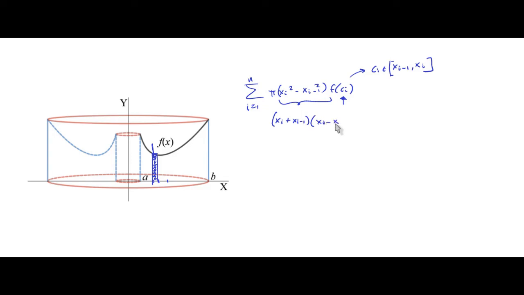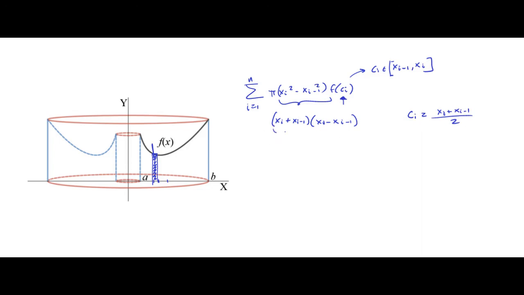Now, this formula is valid for any ci, because this is bounded by the maximum and minimum values in this interval, using any of this Riemann thinking that we have been doing. But in particular, this is valid if we take ci as the midpoint of the segment. So xi plus xi minus 1 divided by 2, that's the midpoint.